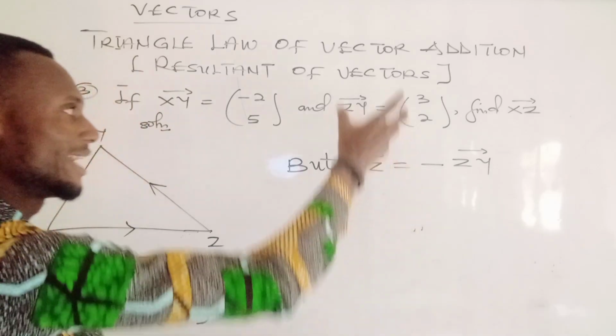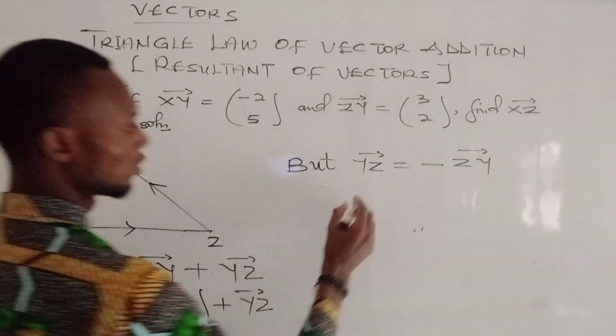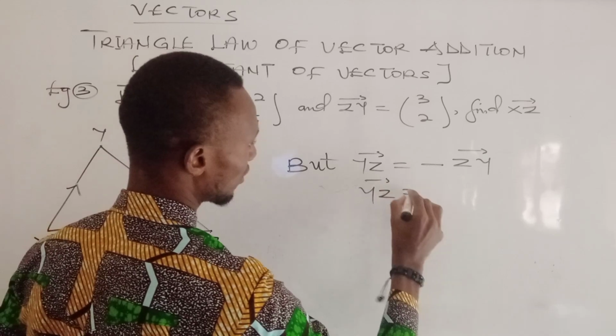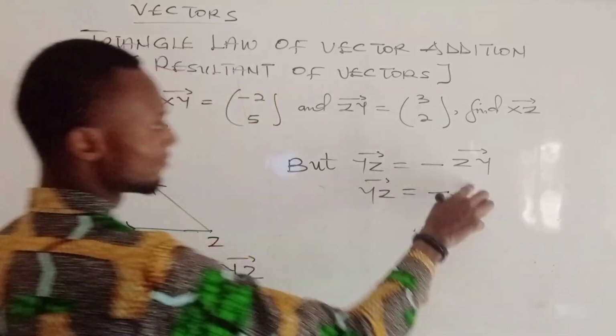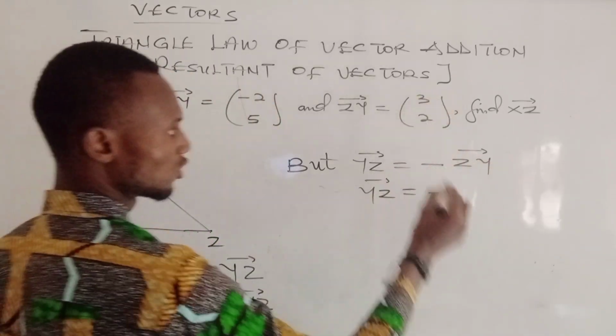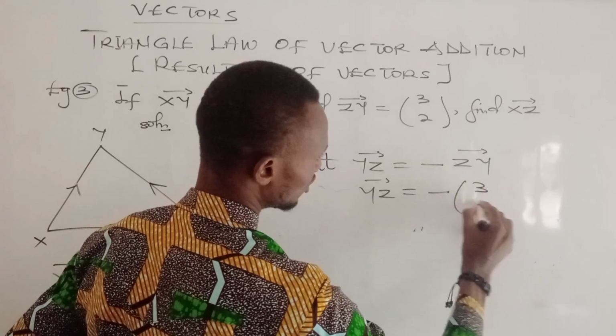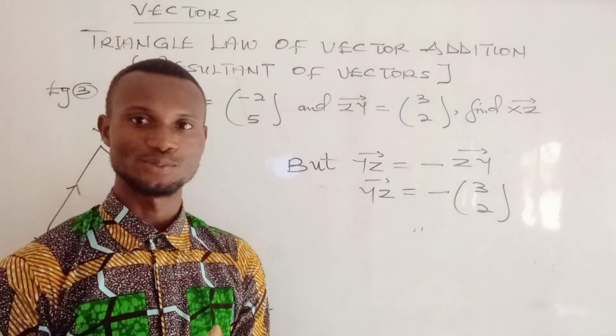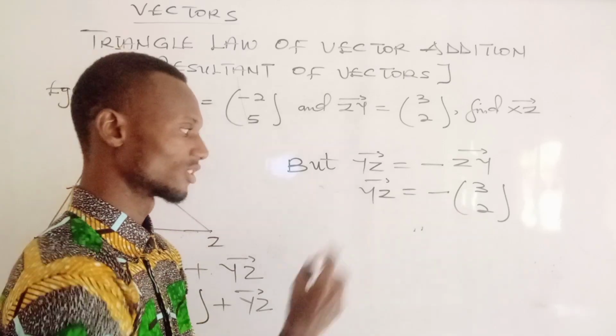Okay, so now from here, let's just input the value. So my vector yz will be equal to, you bring your negative, the value of vector zy is given to be 3, 2. So you write your 3, 2 there. And I hope you understand up to this point. From here, we just need to simplify.